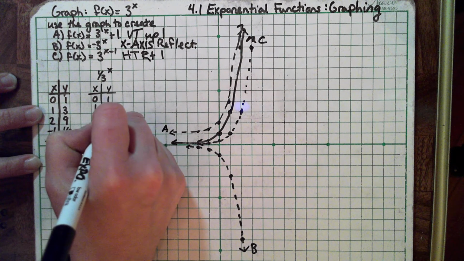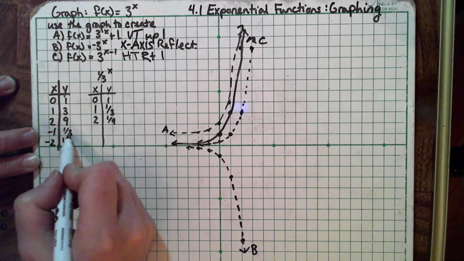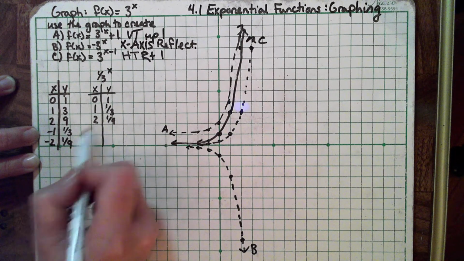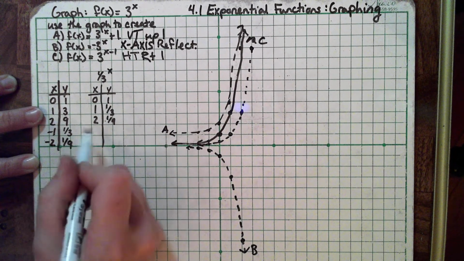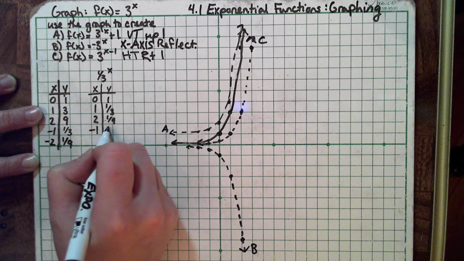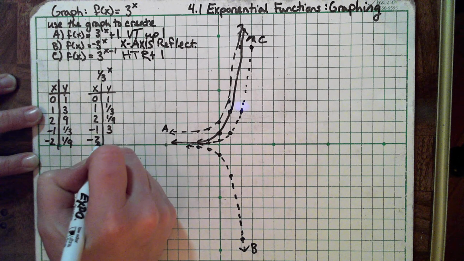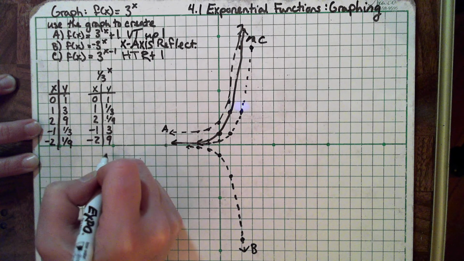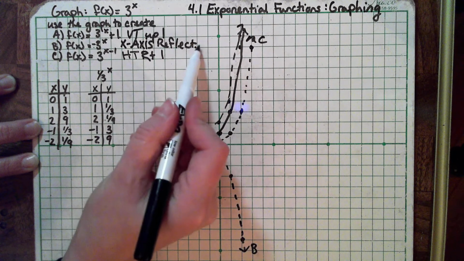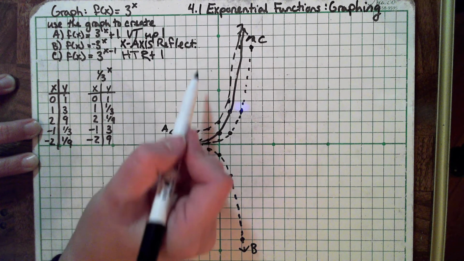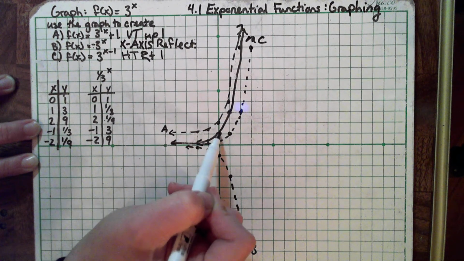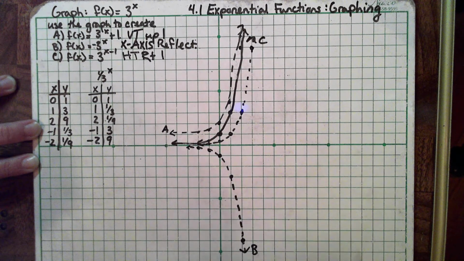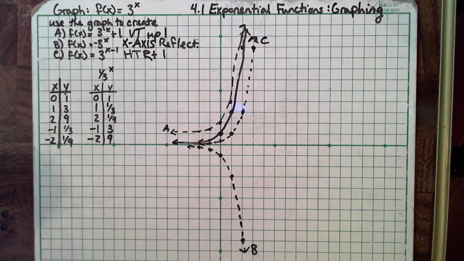Second power is 1/9. Okay, notice what's going on here. And then if I go to the negative 1 power, I'll get positive 3. Negative 2 power will be positive 9. So notice it's going to start high over here at 9 and come down to 3, down to here, and go that way. Okay, so just be aware of that when you're graphing fractions with the variables as their exponents.